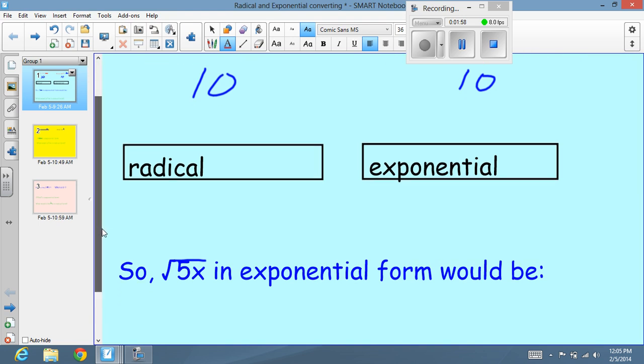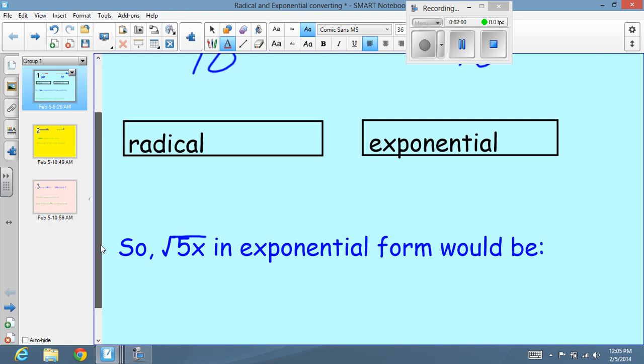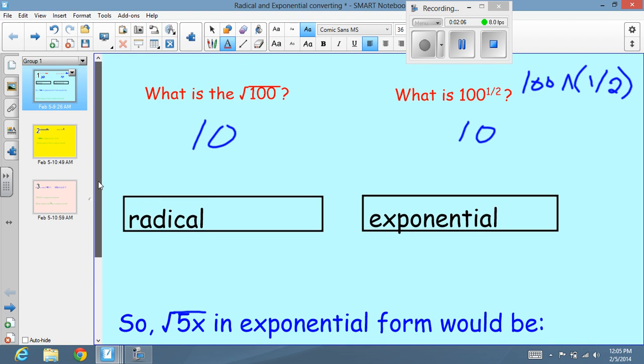So the next question I have here is, what is the square root of 5x in exponential form? Well, if I go back up here, I want you to first of all recognize that even though there is not a 2 right here, anytime you have a square root or a radical, it really is the second root of 100, even though the 2 isn't written.